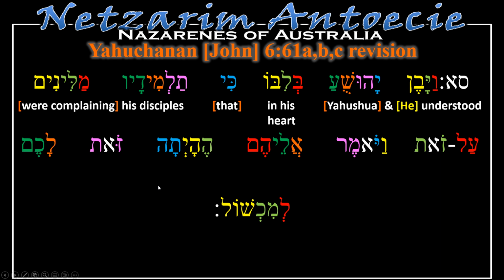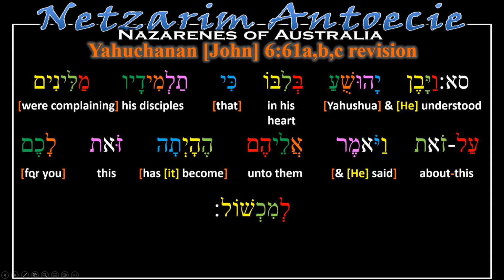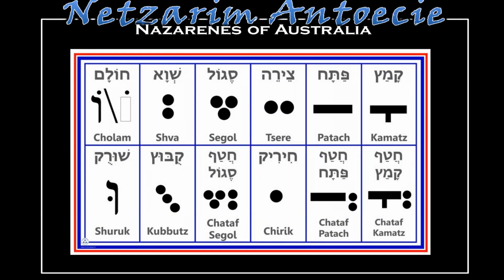It's a questioning, hey? Is it, has it become, zot, this, lakem, for you, about this? And he said unto them, has it become this for you, le mikshol, for a stumbling block or an obstacle? For a stumbling block.